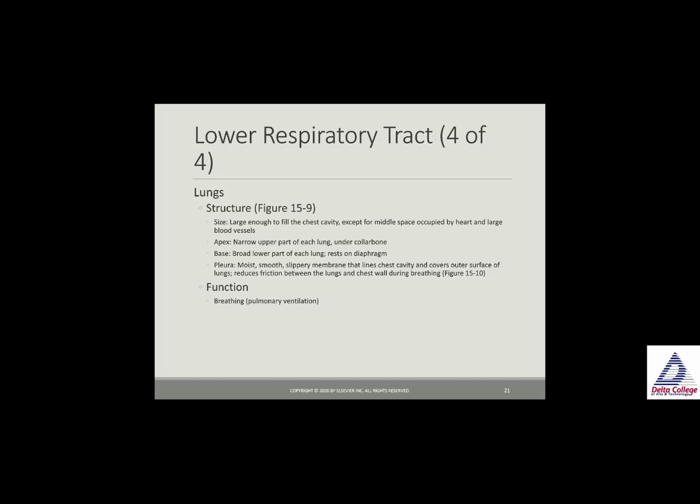The pleura is the moist, smooth, slippery membrane that lines the chest cavity and covers the outer surface of the lungs. It reduces friction between the lungs and the chest wall during breathing, and if you remember from before, pleurisy is inflammation of the pleura. The function of the lungs is breathing, or pulmonary ventilation.